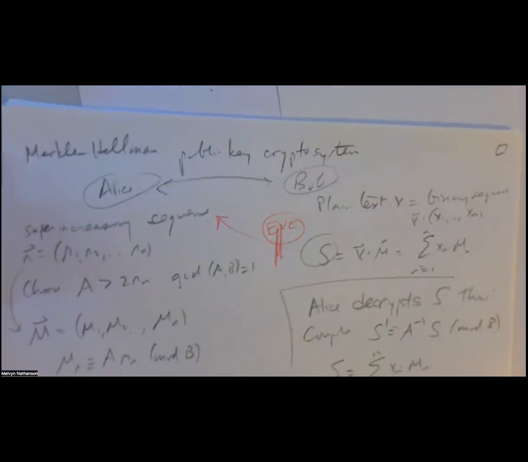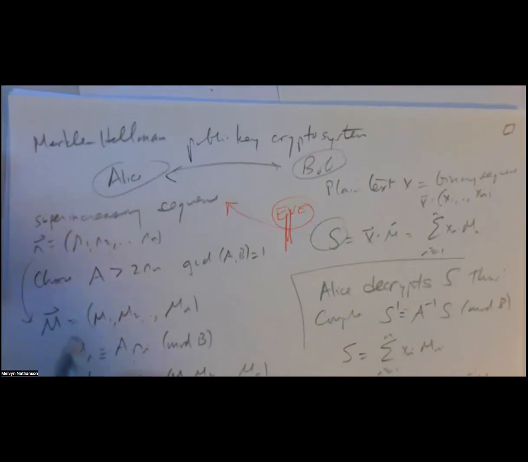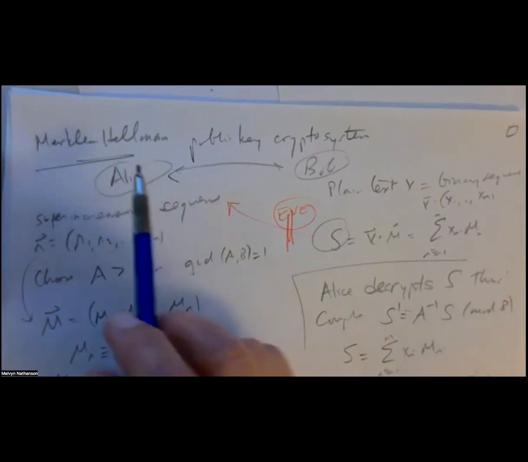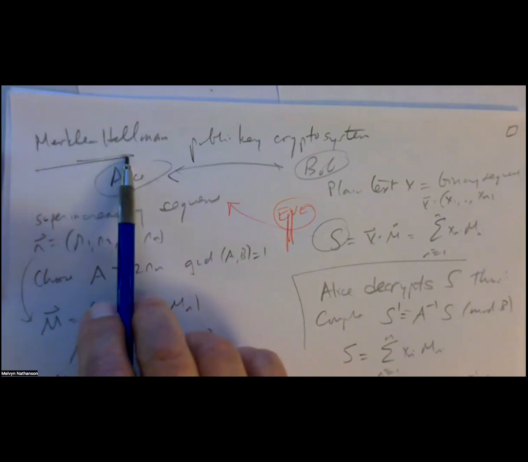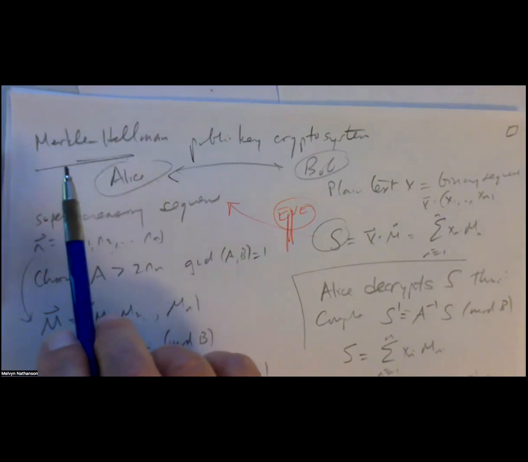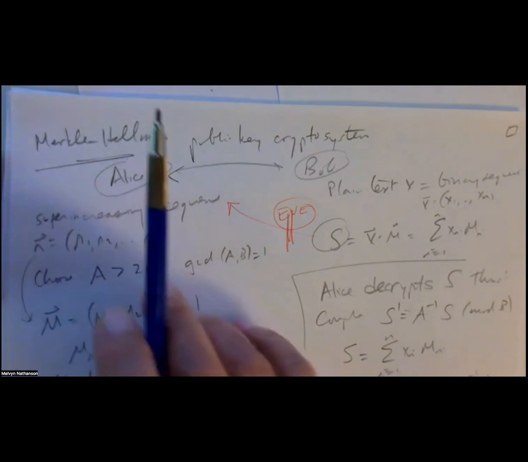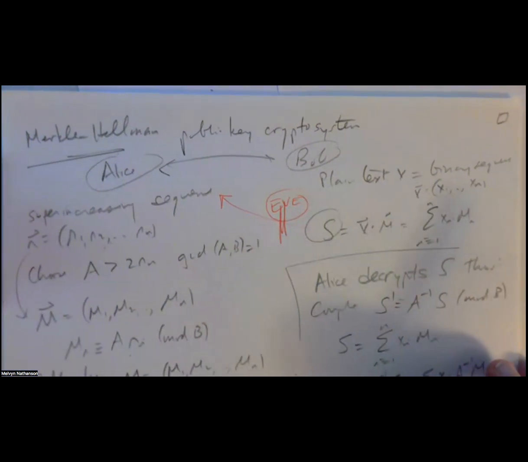Tomorrow I'm just going to explain more and give some examples of exactly what I did today, the Merkle-Hellman system, and also the RSA digital signature. I'm not going to do anything new tomorrow. I'm just going to go over these two types of systems in more detail, just to give some examples. But this is as far as the exam covers.